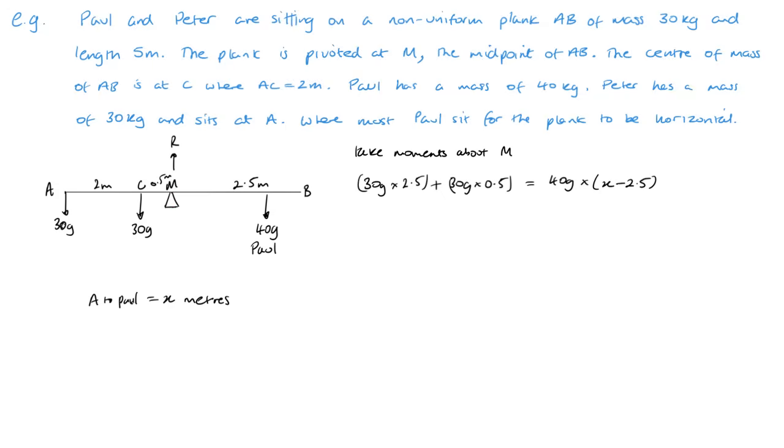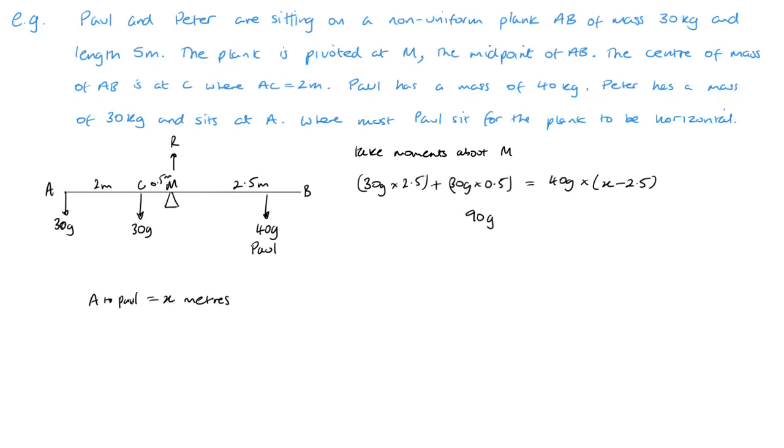So this distance is x, so x minus 2.5 will be this distance. Now all I need to do is work all this out. There's g in everything, so I will be able to get rid of that g in a moment.